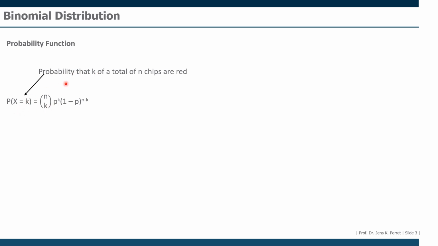So that's actually what is written here. This is the probability that k out of a total of n drawn chips are red, if we take the example from the slide before. Then, in this part, we have how many possible combinations there are with n chips where we are going to draw k chips that are red. So how many possible subgroups of k red chips in a draw of n chips are there?